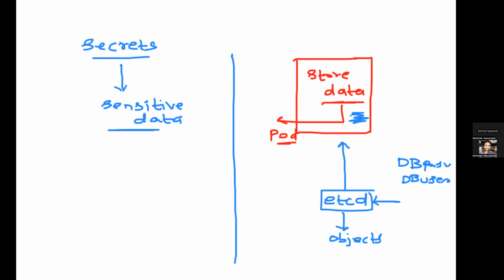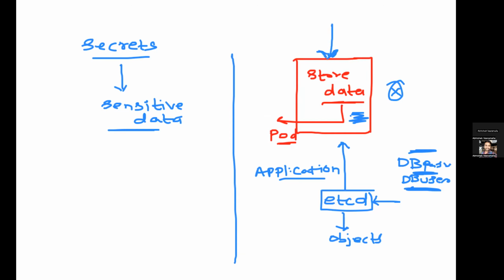If they are retrieving your DB username and DB password, that means your entire application or your entire platform is compromised. They can get the details of your database, which means your Kubernetes cluster does not have proper security. So to solve this problem, Kubernetes says that if you have non-sensitive data, store it in config maps. If you have sensitive data, store it in secrets.